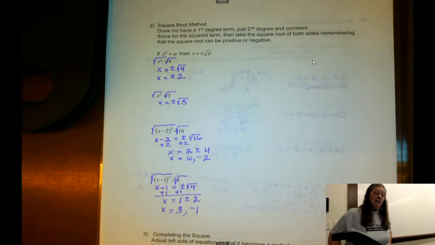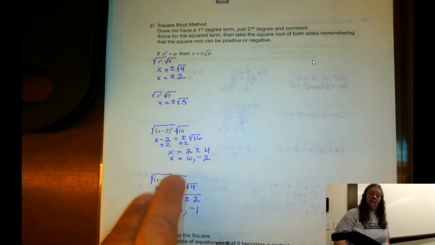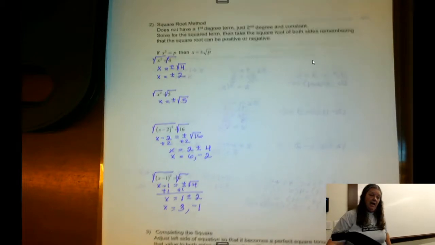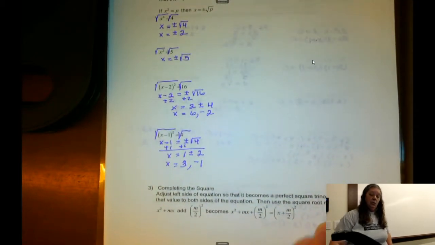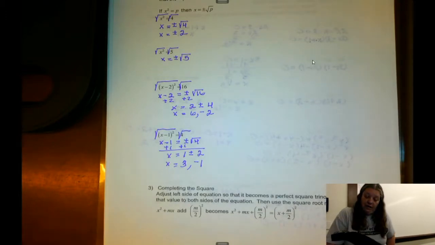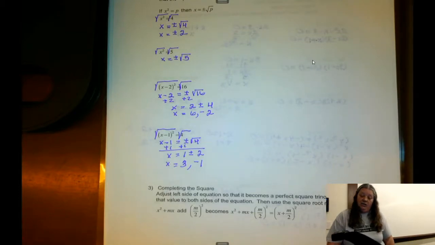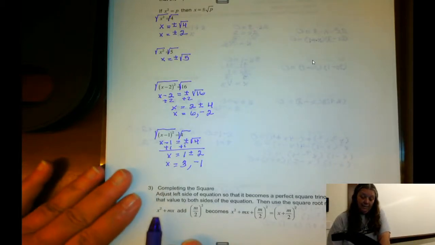And this leads us to completing the square, because this is actually going to be one step once we've completed the square. For completing the square, you need to adjust the left side of the equation so that it becomes a perfect square trinomial. And whatever value you use, you add it to both sides of the equation, and then you use the square root method.